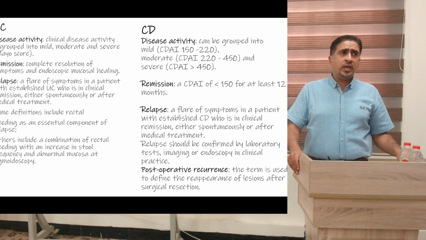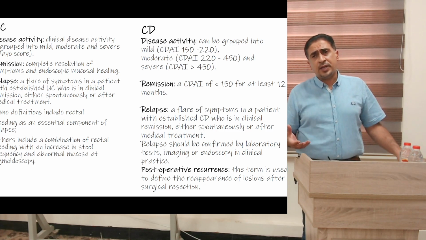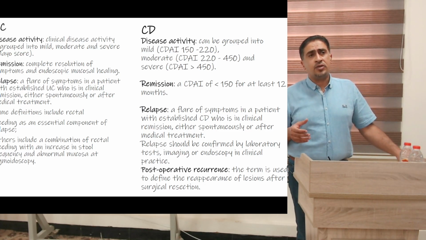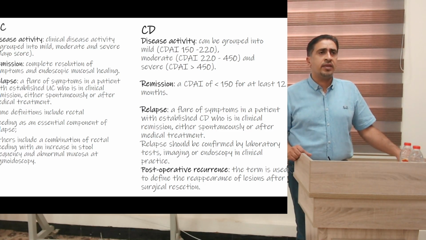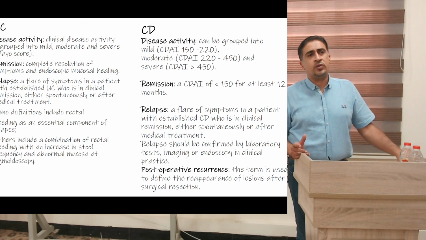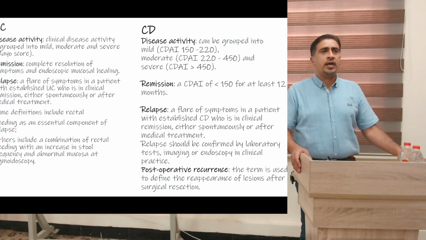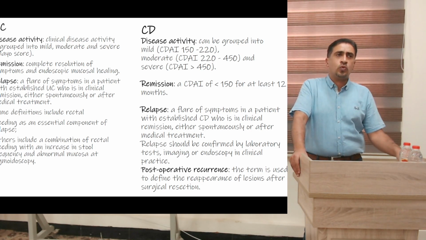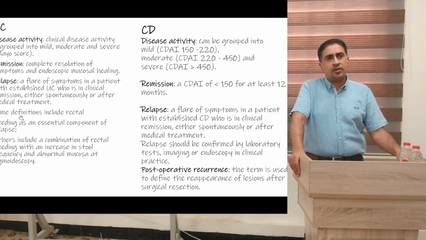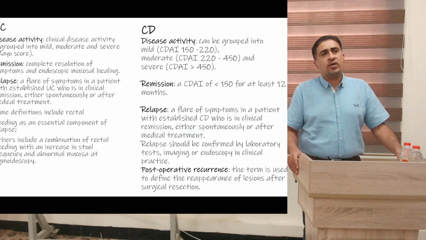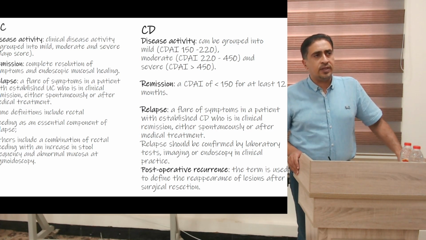So it means disappearance of symptoms and normalization of biochemical markers, the endoscopy, and the biopsy. And even in Crohn's disease, we need normalization of the MRE in order to know that the complete bowel has been healed by medication. Another thing is that remission in Crohn's disease is when the CDAI score is less than 150.